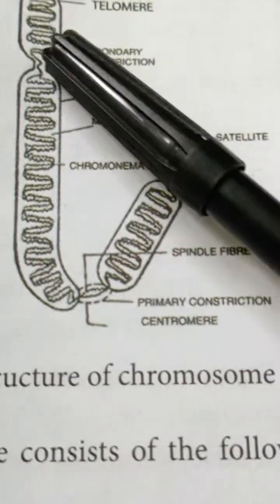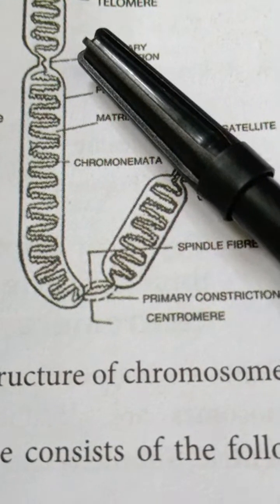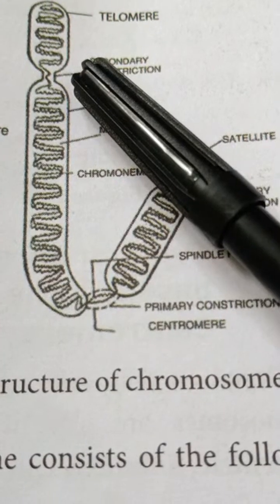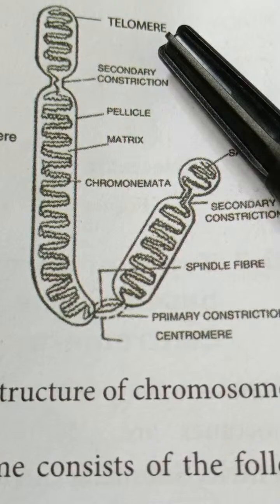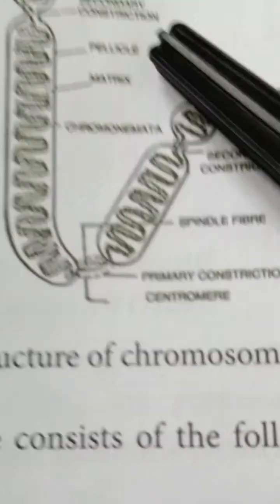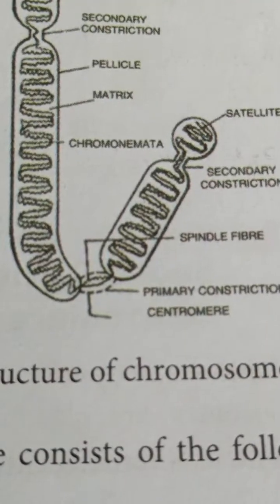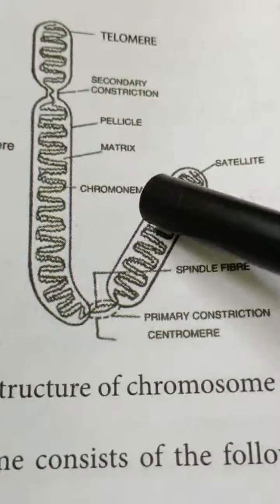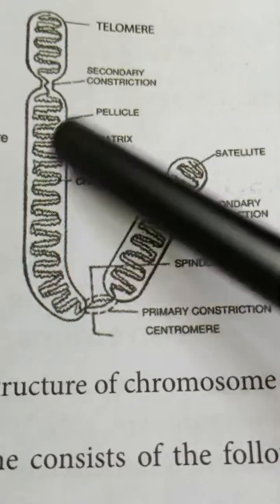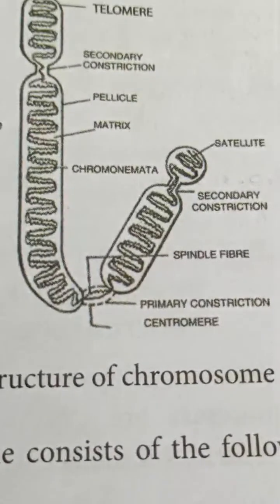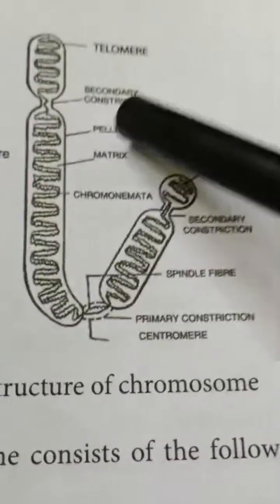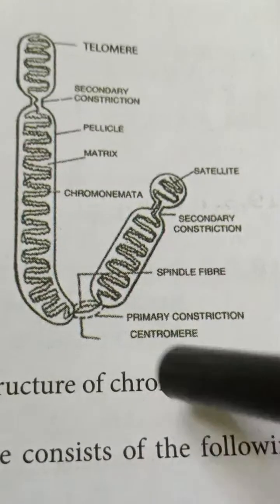Here also, in the other arm of the chromosome, we have a secondary constriction that connects with the telomere. This is another part of the chromosome. Apart from that, your chromosome will also have the pellicle, matrix, spindle fibers, the chromonemata, everything, and this is the structure of the chromosome.